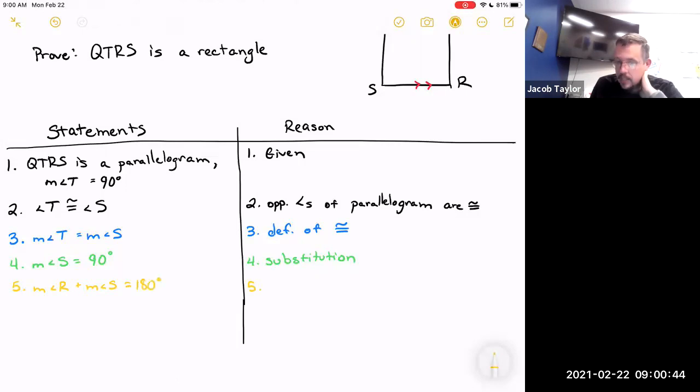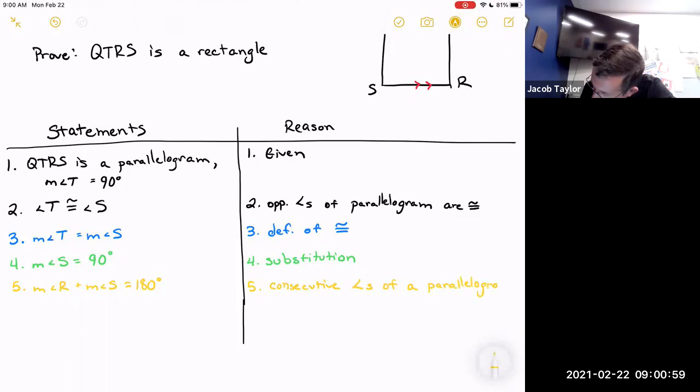And the reason I know that is because, as Emily just said, consecutive angles of a parallelogram are supplementary angles.